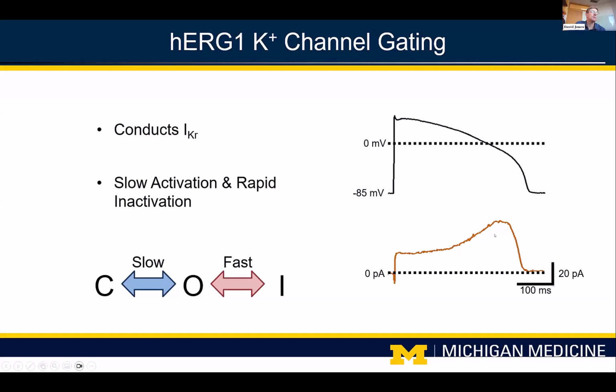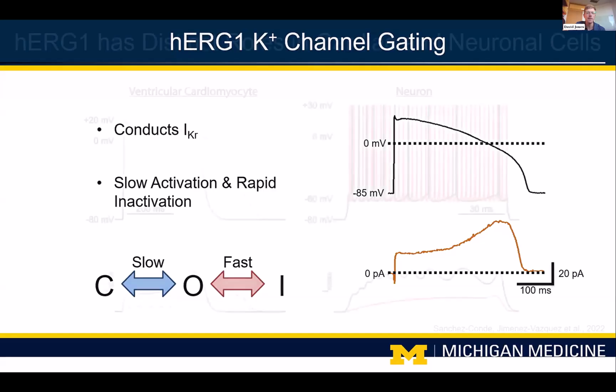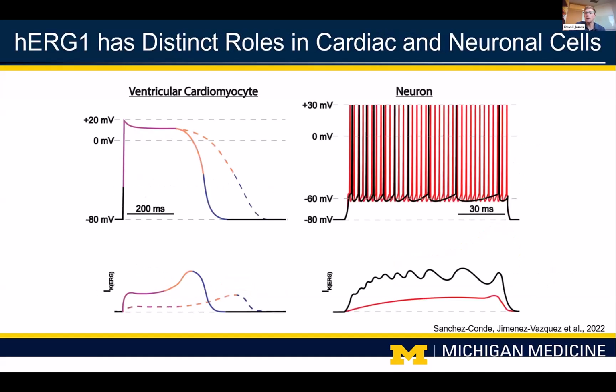So we spent a lot of time paying attention to tail currents, the current from HERG channels that occurs during the tail end of an action potential. The contribution of HERG to electrophysiology and excitability varies very widely between cardiac and neuronal tissue.